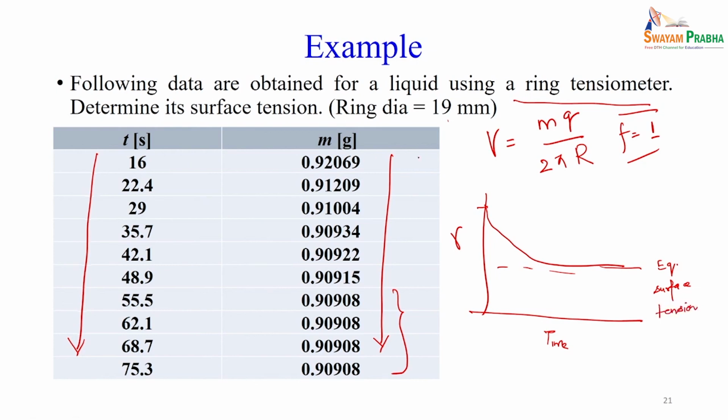If I calculate based on this, its value will be coming around 75.7, and here it will reach 74.6 or something like that. So, we can easily calculate the value of surface tension: it will be mass into g divided by 2 pi into R of the ring, that is given, that is 19 millimeter.